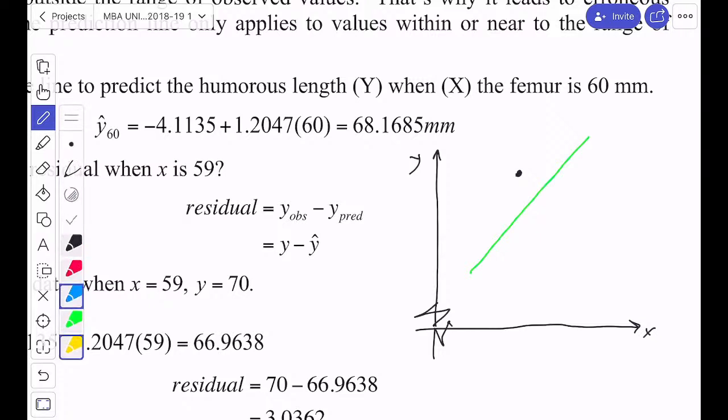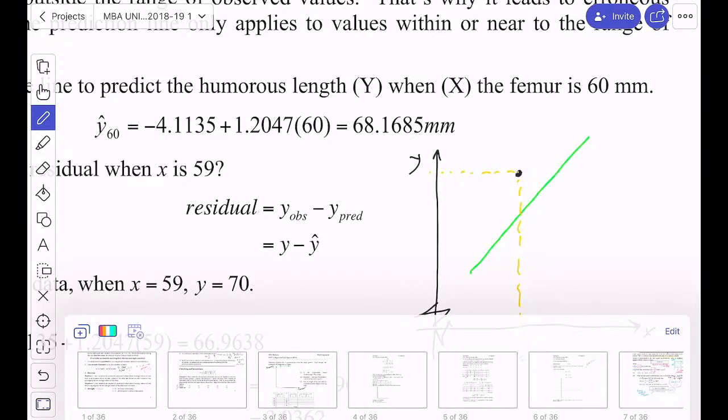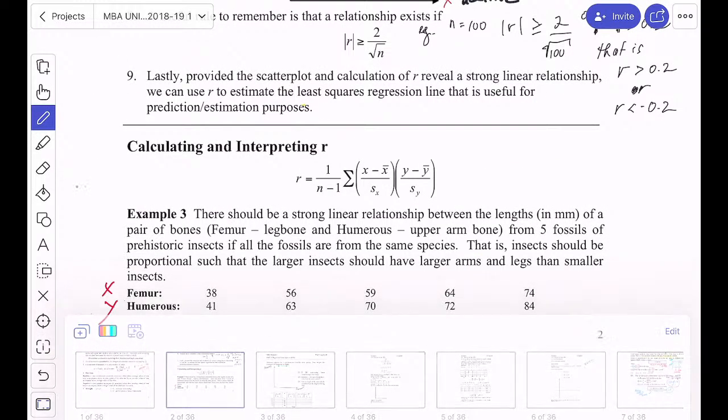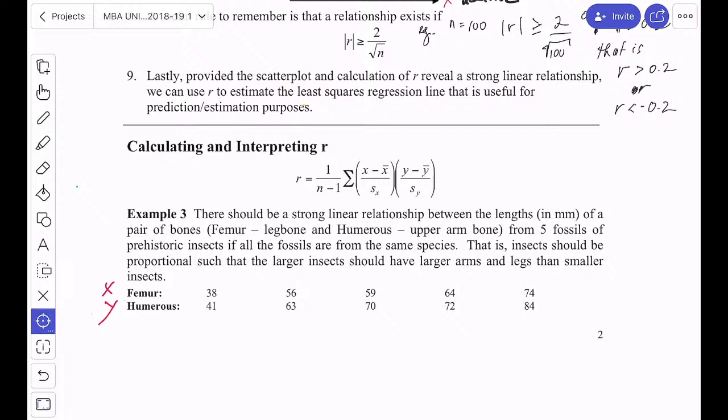Let's use yellow. For x equals 60, if you go back to the data, x doesn't equal 60, does it?